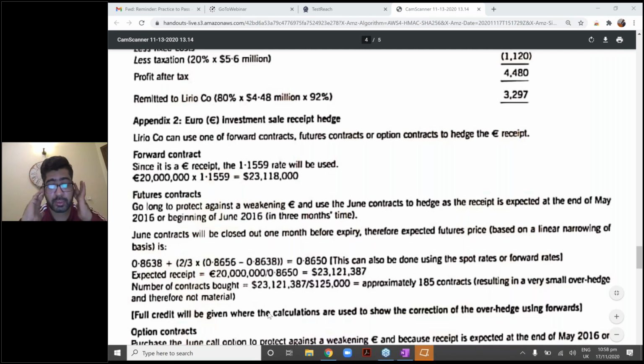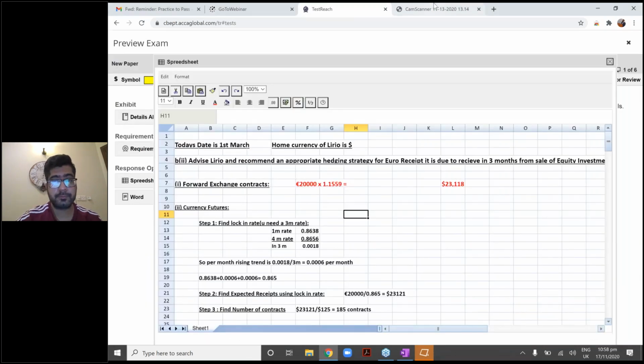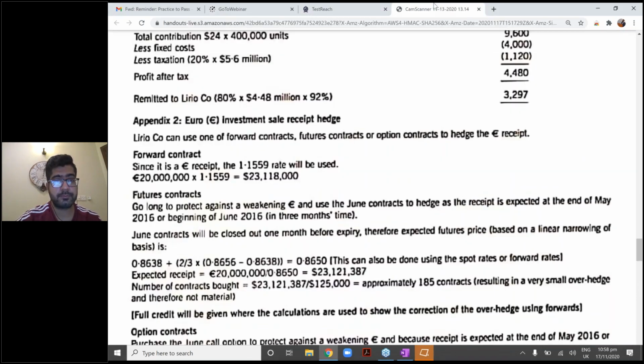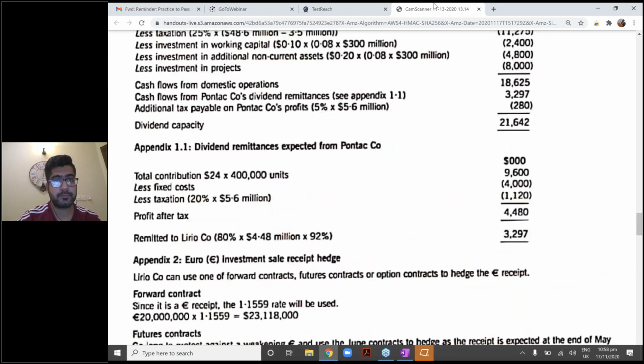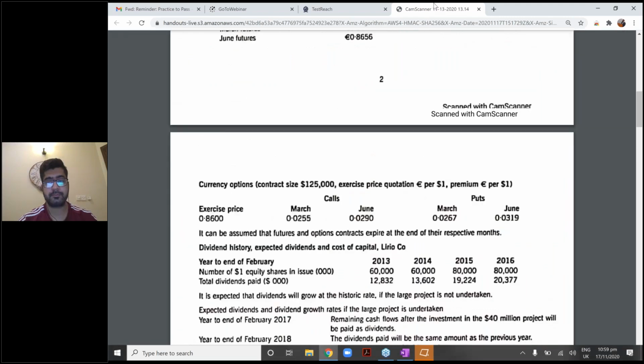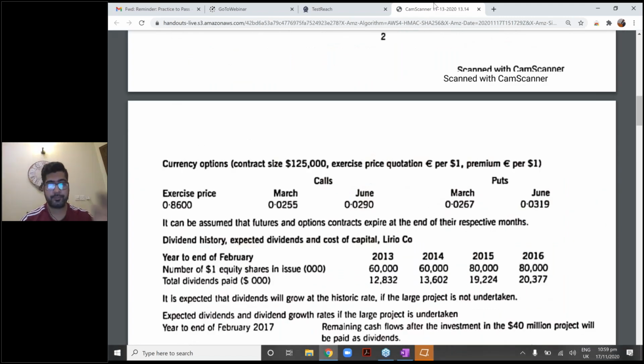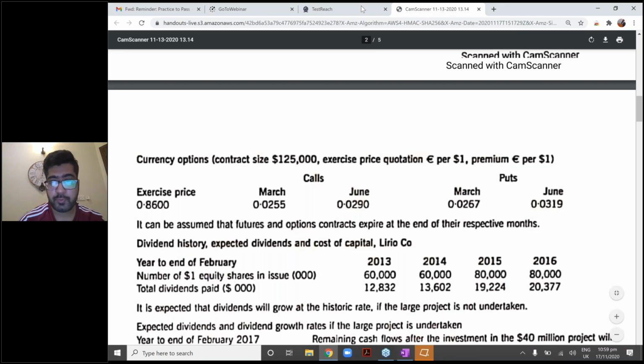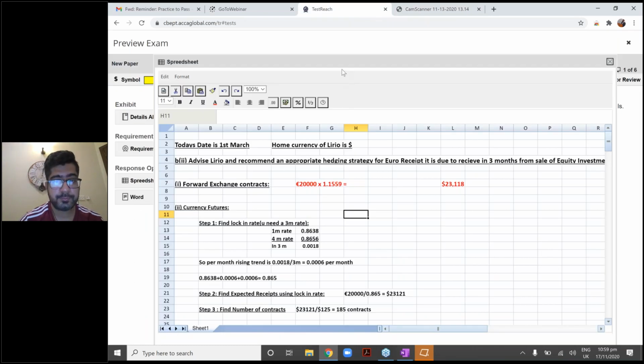I don't know which scheme you are referring to. Anyway, let's just move to currency options now.